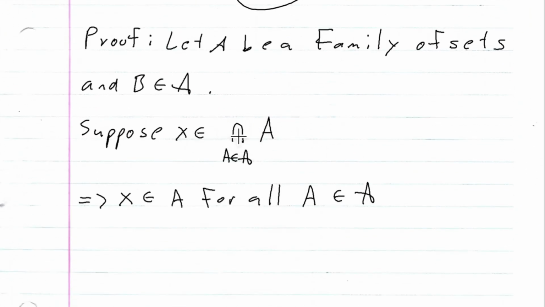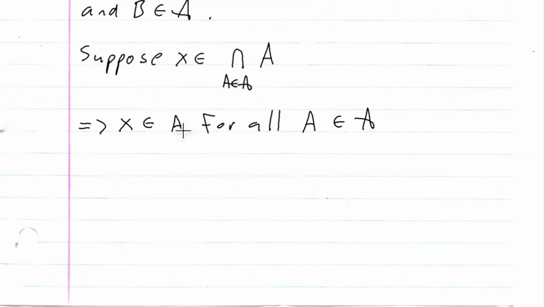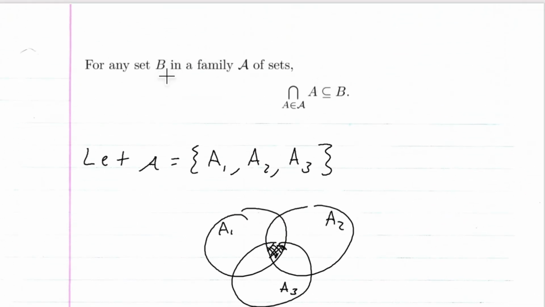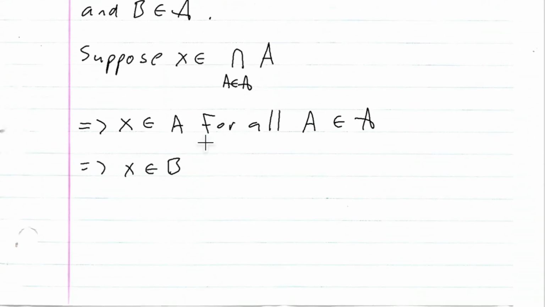If X is in the intersection, that means X is an element of every single one of them. So clearly, if X is an element of all of them, this means that X is an element of B, because B is just one of the sets. We established that B was just one of the sets in the family.